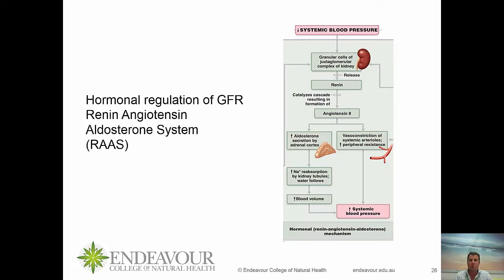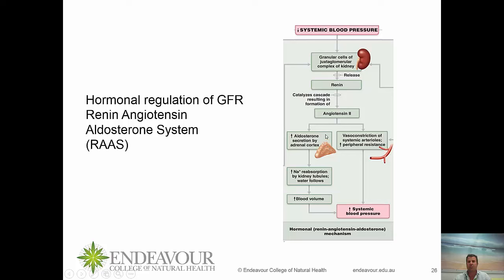This is the hormonal regulation of GFR by angiotensin II. We're just going to follow the right-hand side of this diagram. We're not going to worry about the left-hand side just yet. So in response to a decrease in blood pressure, the granular cells release renin, and that activates the renin-angiotensin-aldosterone system.